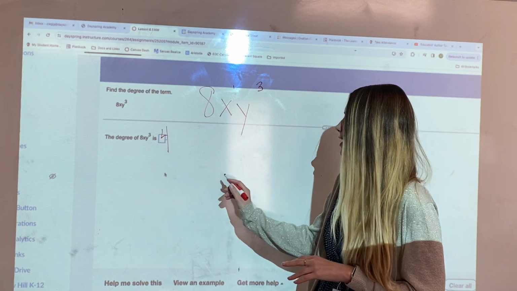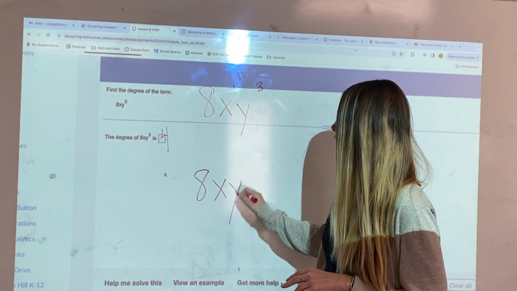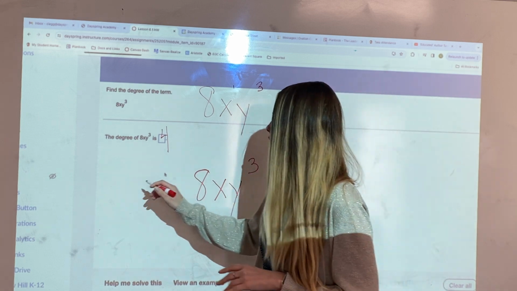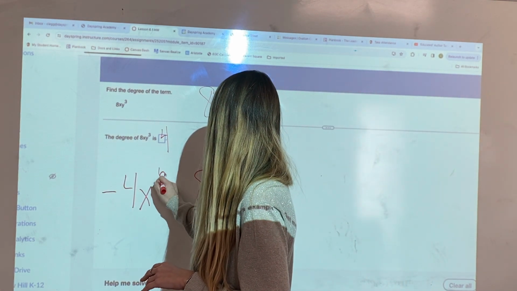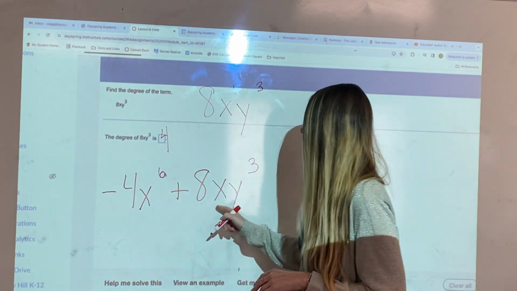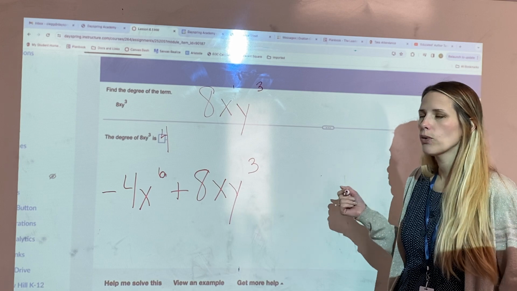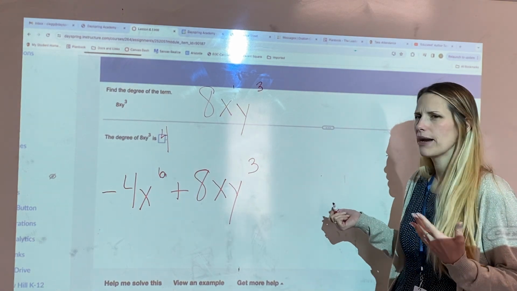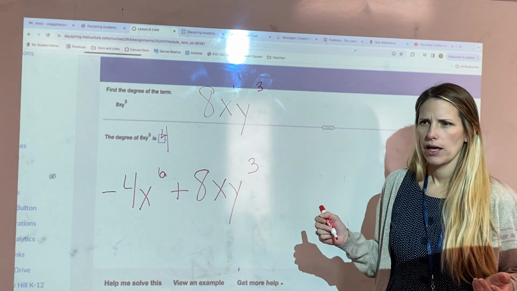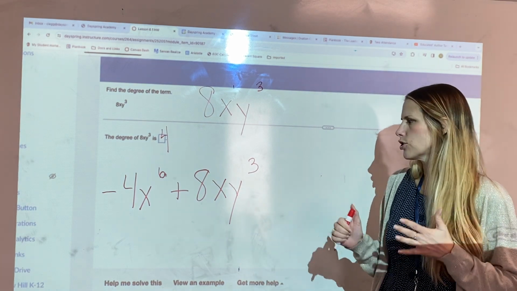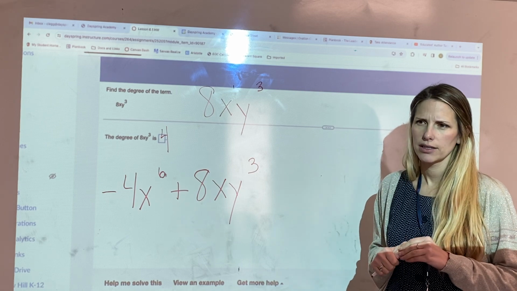For example, if this said 8xy to the 3rd, but it also had a negative 4x to the 6th plus 8xy to the 3rd, let's just say, how do I know how to find my degree of a binomial? How do I know which term to use for the degree?